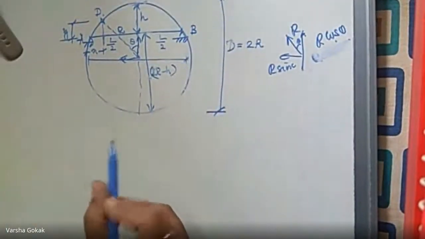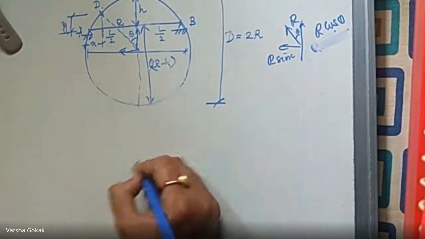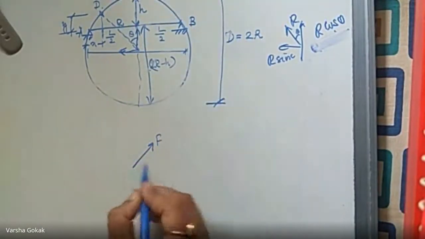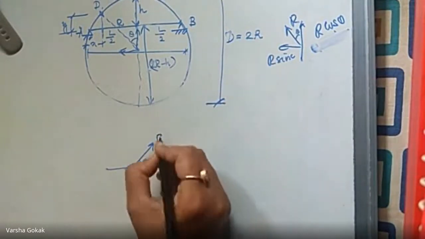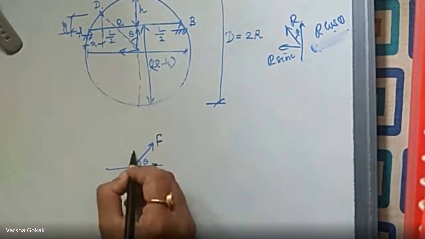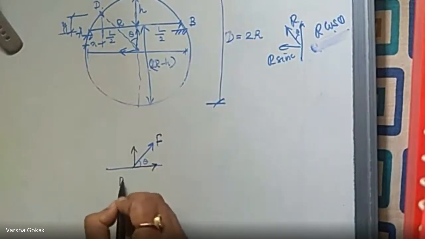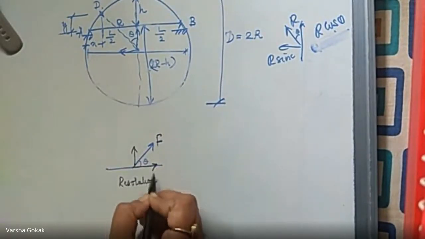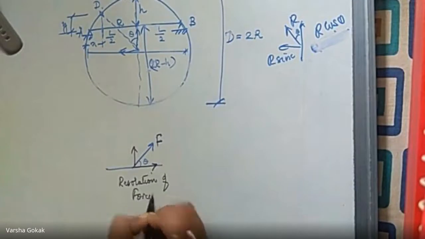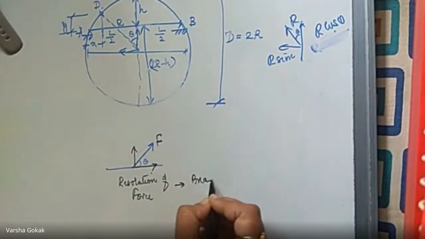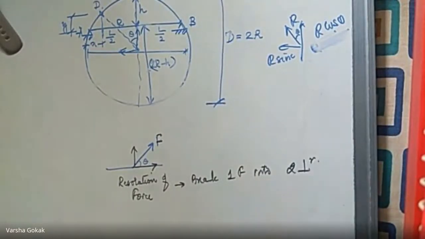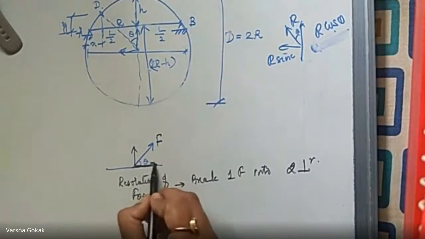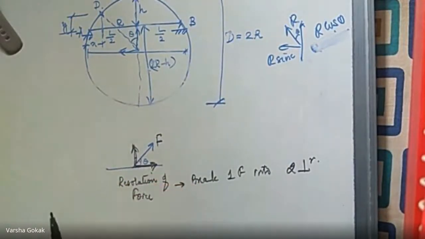I'm just taking 2 minutes outside this derivation. You have a force F given, which is making some angle theta like this. If I'm breaking this force F into two mutually perpendicular forces, this is called resolution of a force, wherein we break one force into two mutually perpendicular forces, and they both have 90 degrees between them.